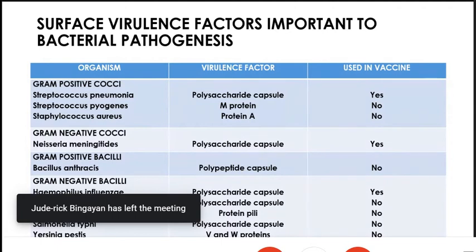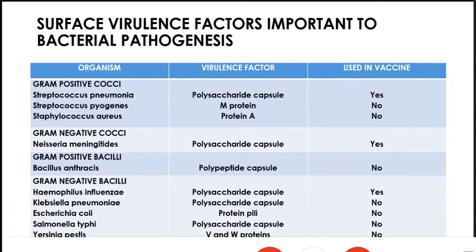And for the gram-negative bacilli, including Haemophilus influenzae, you also have the polysaccharide capsule. In E. coli, you have your protein pili, and then your Salmonella, again, a polysaccharide capsule, and your Yersinia pestis, you have there your V and W proteins.